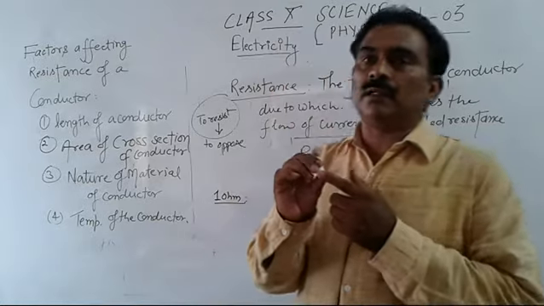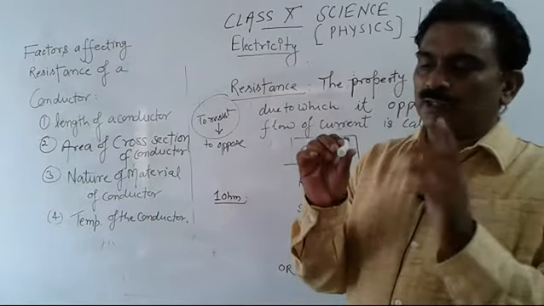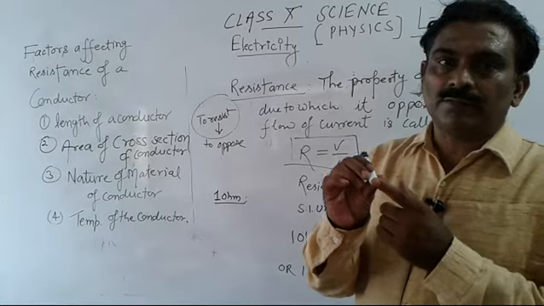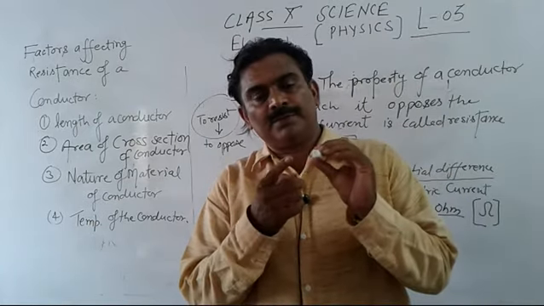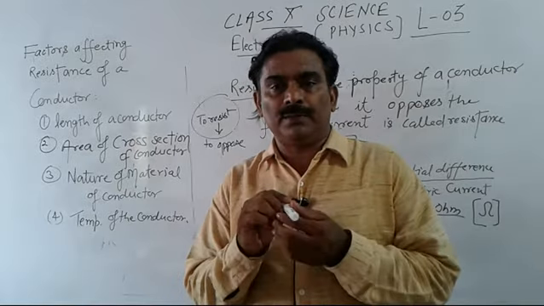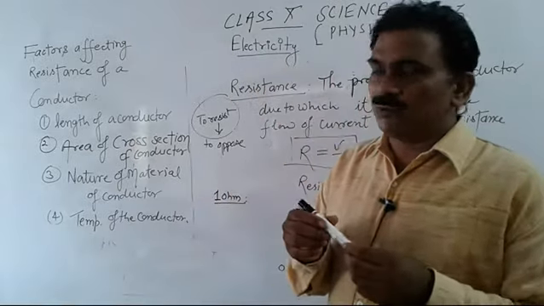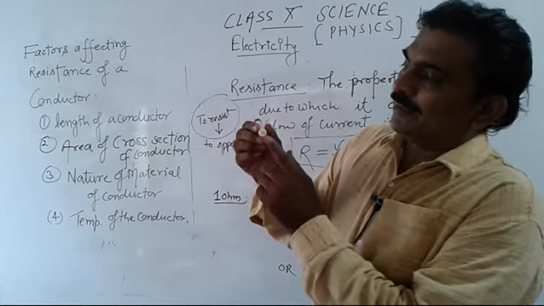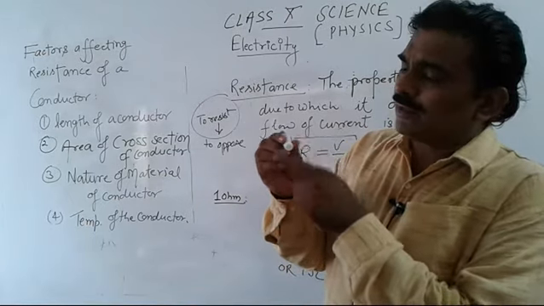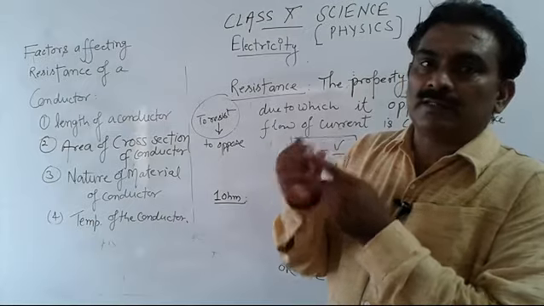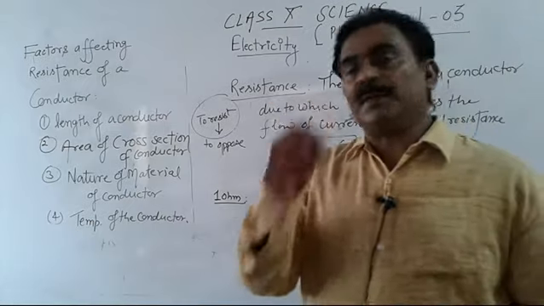If the shape is circular, then you can find the area using the area of circle formula. If conductor is cylindrical in shape, or suppose conductor is in the shape of a cuboid, then this becomes a square shape. So this is the area of cross section on which resistance depends.